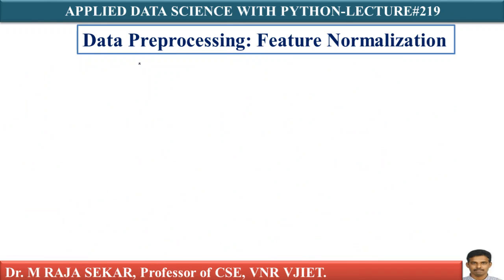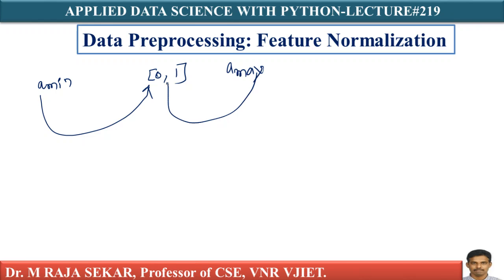If you are getting values between 0 and 1, for this A, A min is translated into 0, whereas A max is translated into 1. Take any value from A min to A max and just apply this formula.